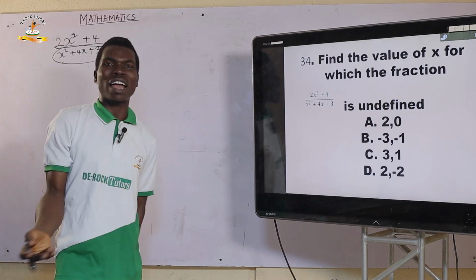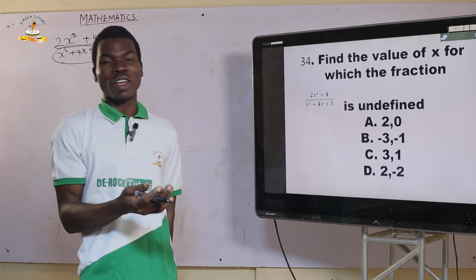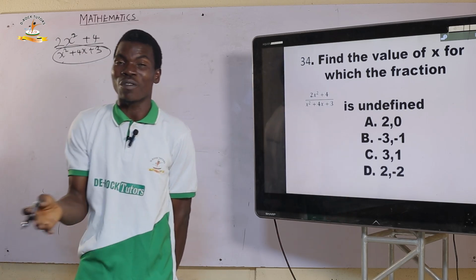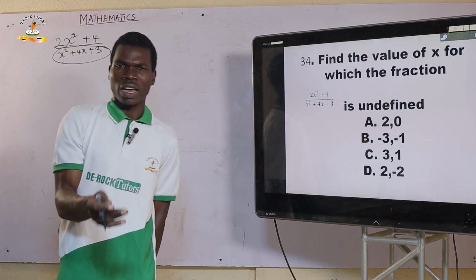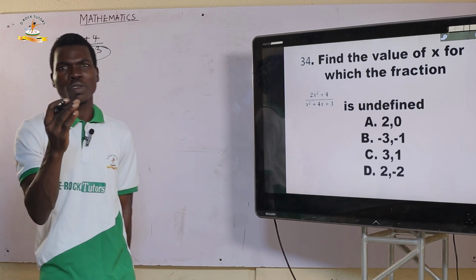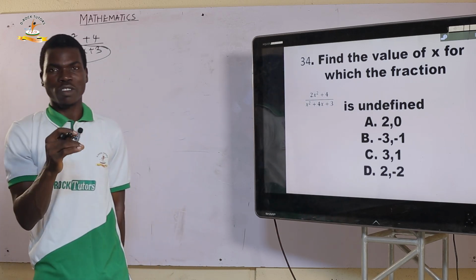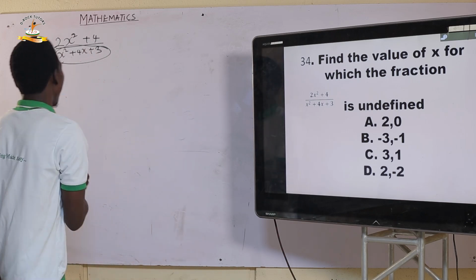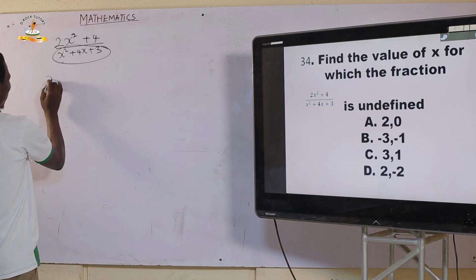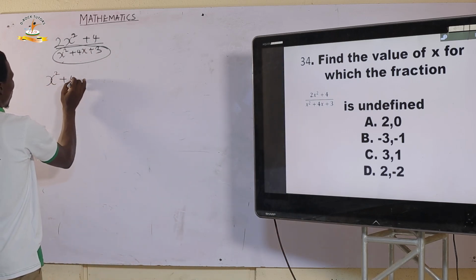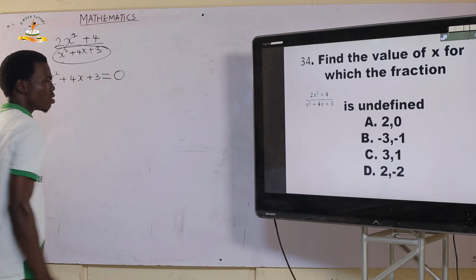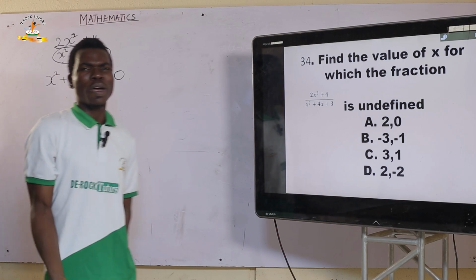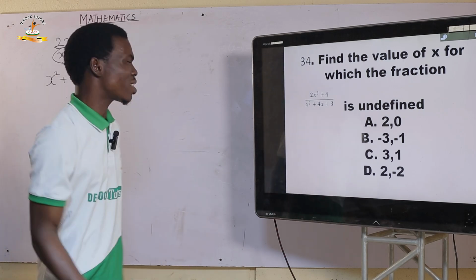Imagine the question had asked you to find the value of x for which the fraction will be 0. Then you consider the numerator. Numerator for the fraction to be 0, denominator for the fraction to be undefined. So here I'm just picking up the denominator. That's x squared plus 4x plus 3. And you say it must be equal to 0, simply because division by 0 is undefined in mathematics.